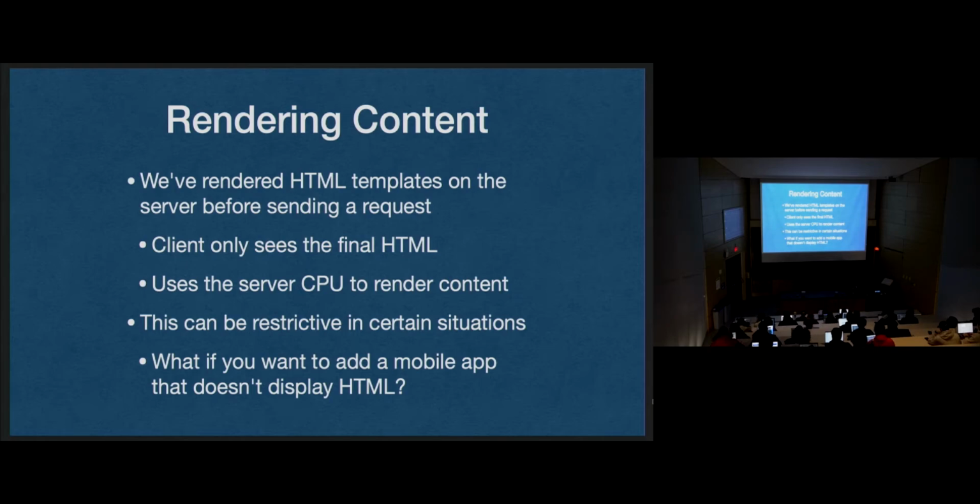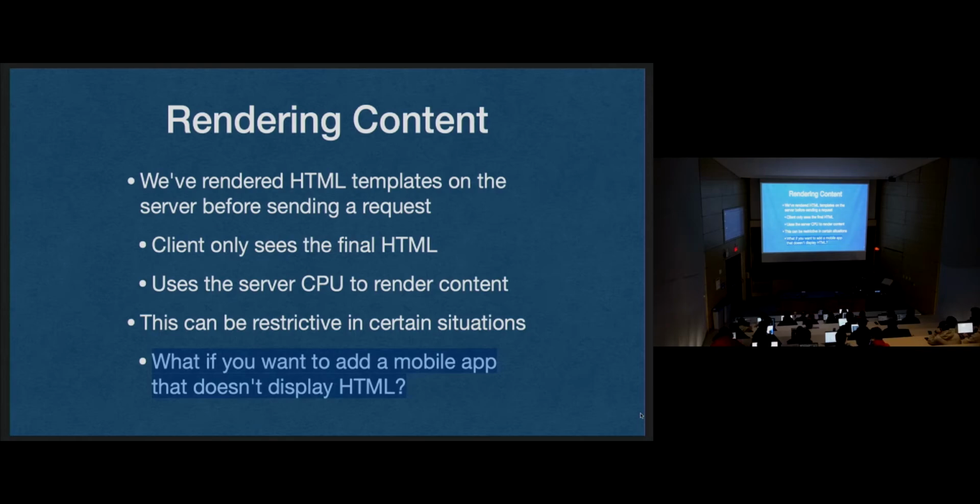And this is probably one of the biggest points here: what if you decide to do server-side rendering like we do in homework 2, and then you decide one day that you want to build a mobile app in addition to your web app?